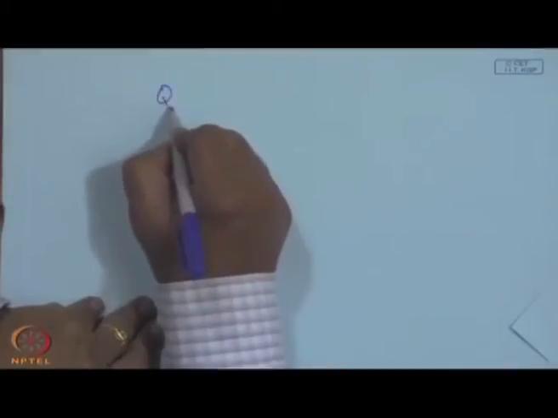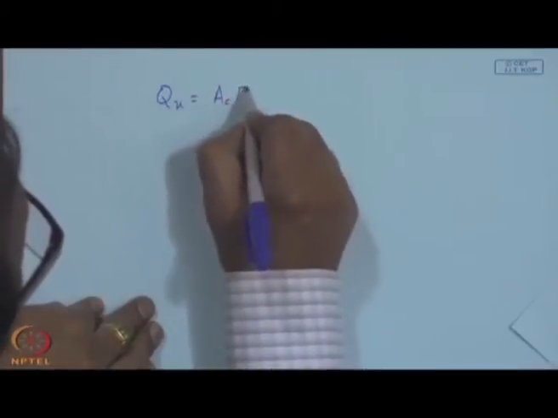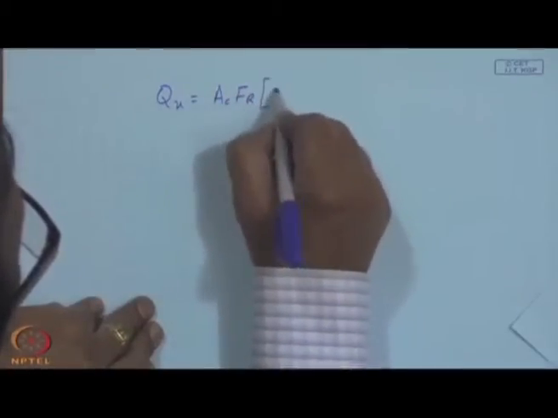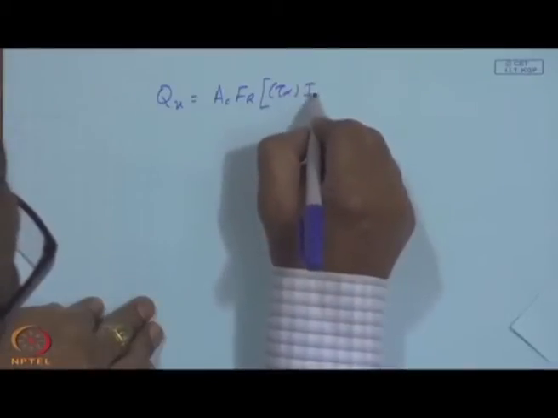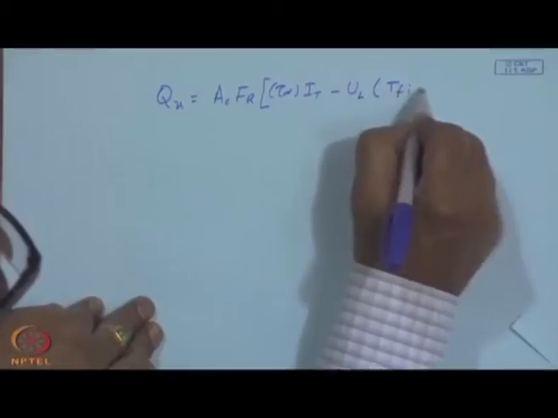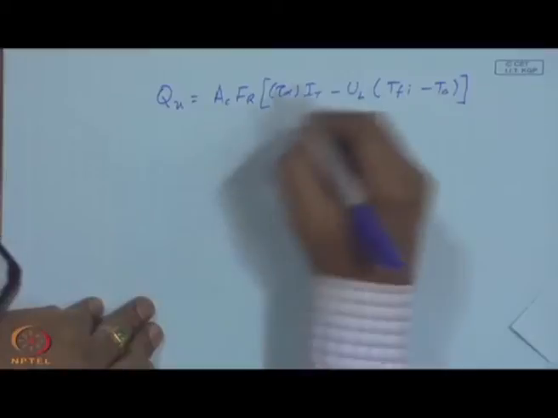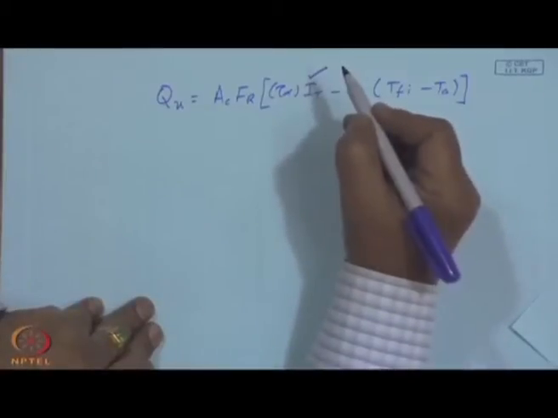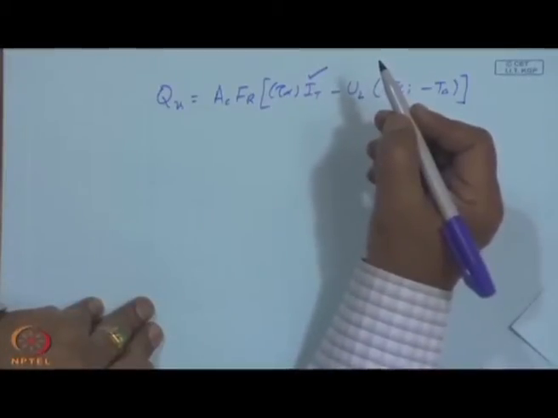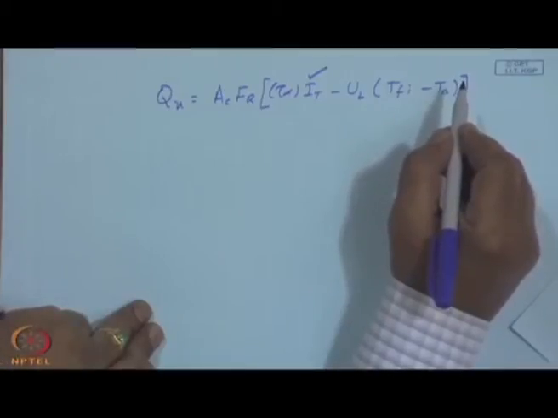So, we recall Q u equals A C, we may put F r, tau alpha times I t minus U L into T f i minus T a. So, we know methods to calculate I t for an hour or a day or a monthly average day, though we may not be able to sum it for other reasons, which will come at a little advanced stage.